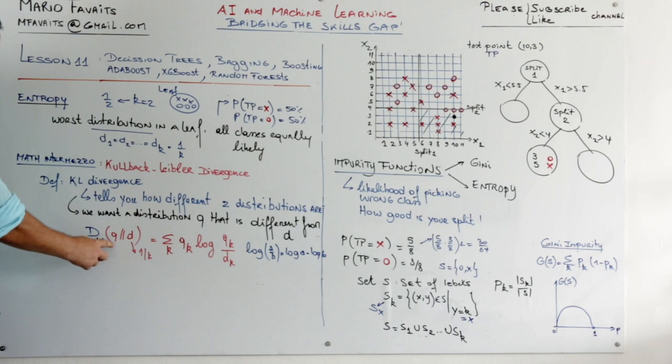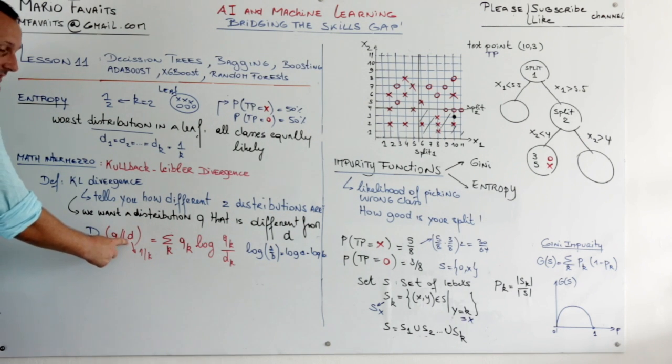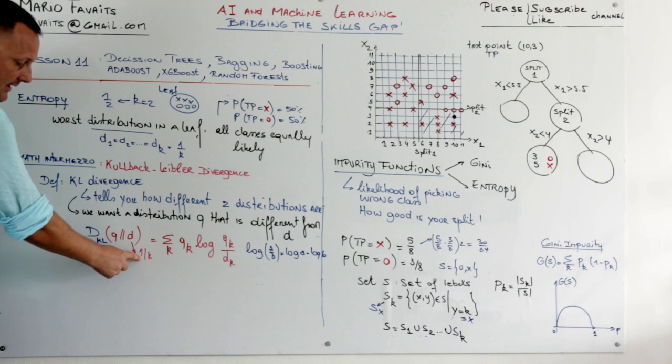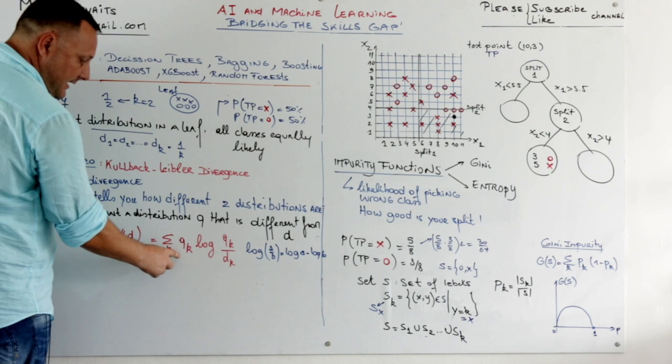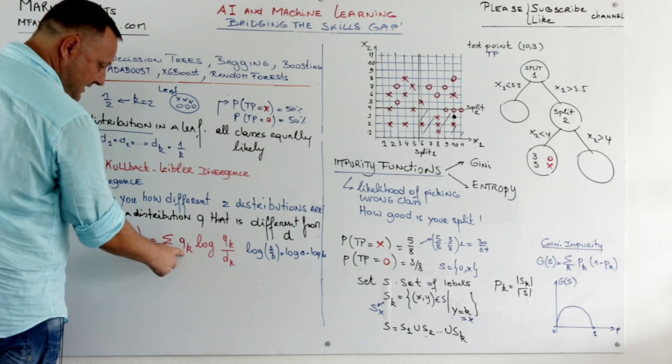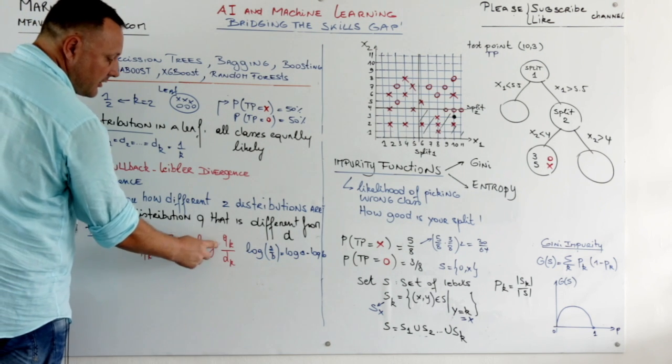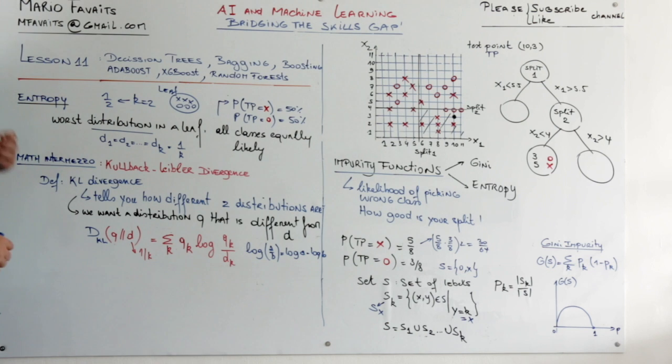These are the two distributions you want to compare. Distribution D is the one we do not want, and the value is 1 over k, as we've seen here. So we sum over k of distribution Q and then the log of Q over D.